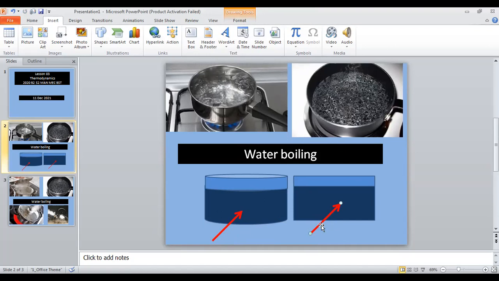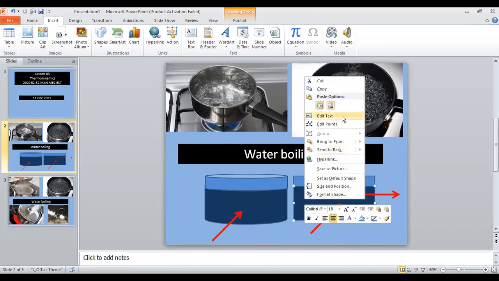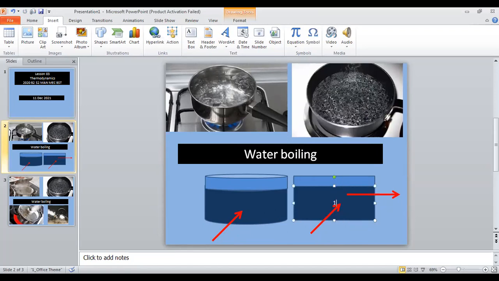While receiving heat, the water also releases heat. There are heat losses from this side. The reason is that at boiling, this is at 100 degrees Celsius.